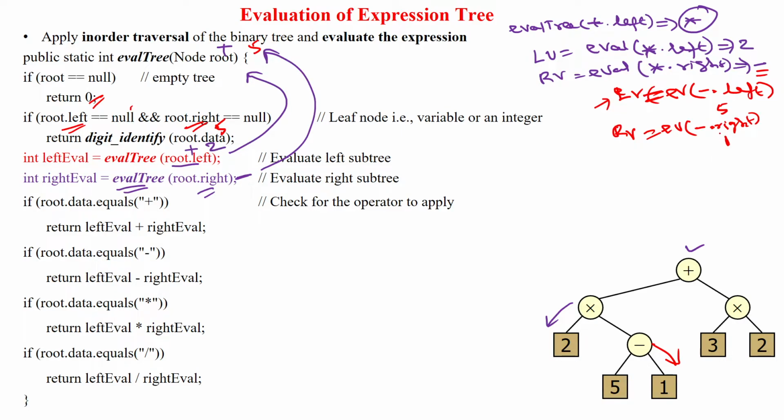So here we are getting the 1. For this 1, we again have to pass it as a root node. When we pass it as a root node, this condition will be false. Now 1 dot left equal to null, 1 dot right also null. Yes, 1 dot left is null, 1 dot right also null. So now we are passing to the digit underscore identify method.